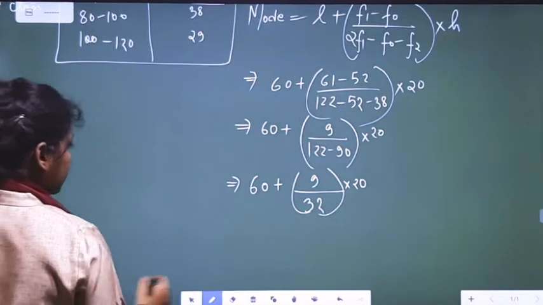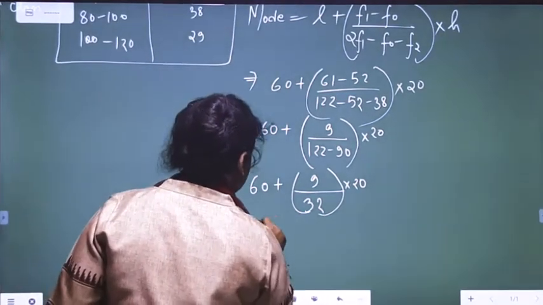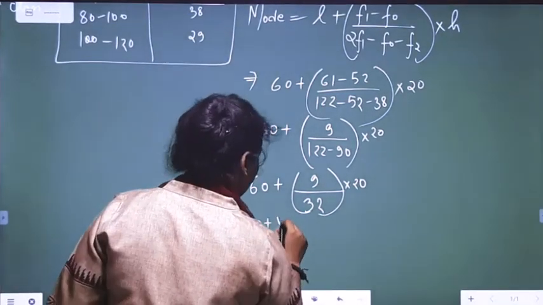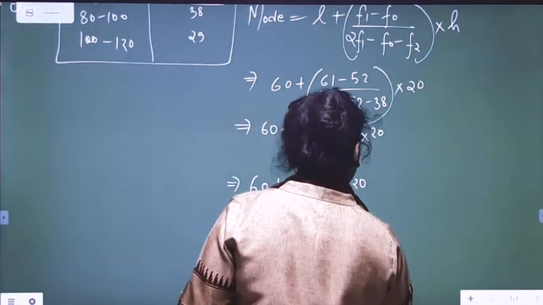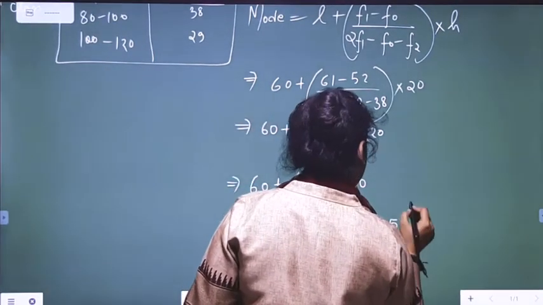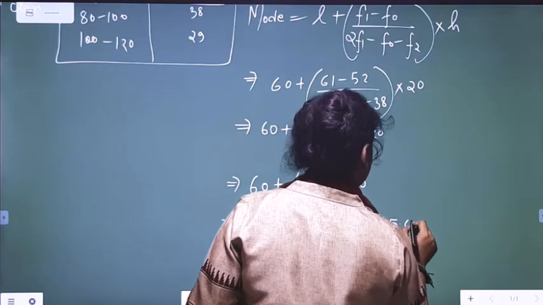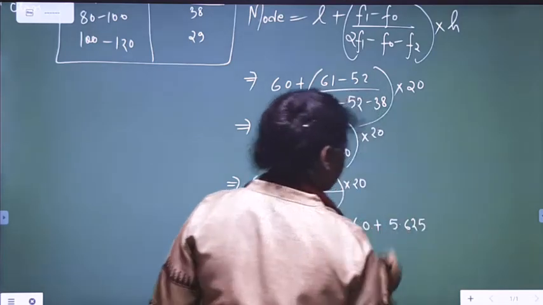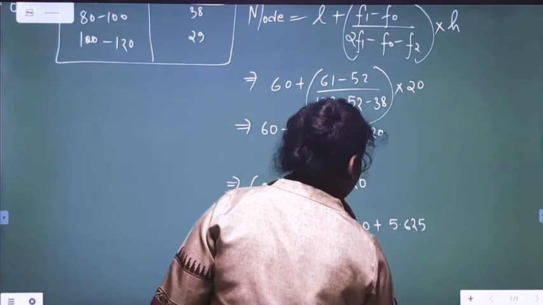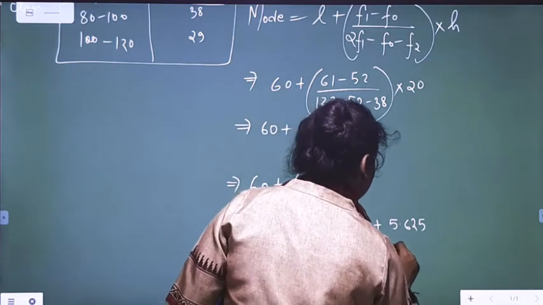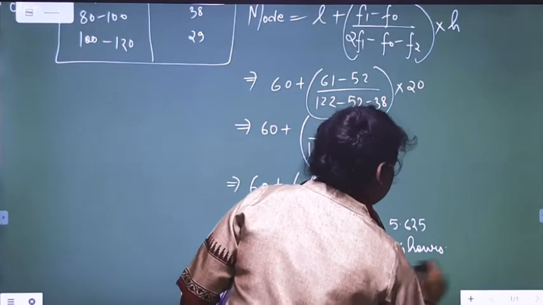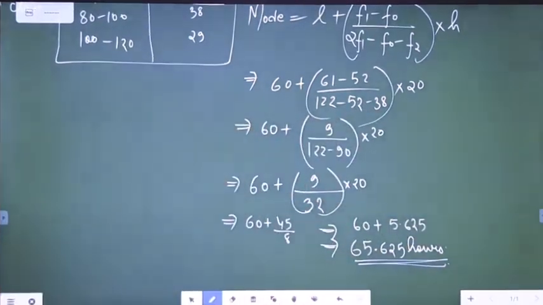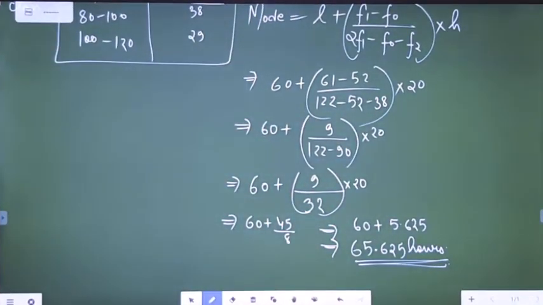So this comes out to be 60 plus 45 by 8. When we divide 45 by 8, we get around 5.625. So this gives us the value 65.625 hours. This is our modal lifetime. So this was question number 2.